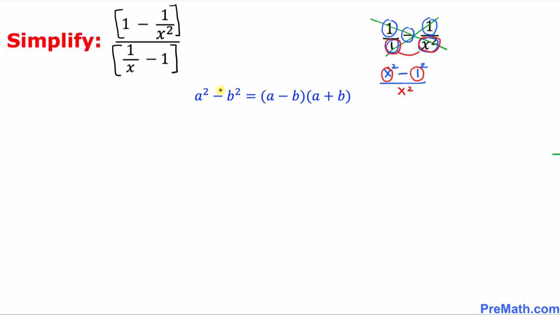So therefore, we are going to use this formula, this fact: a squared minus b squared equals a minus b times a plus b. Let's go ahead and write this top part as x minus 1 times x plus 1, using this fact, divided by x squared, we still have x squared, just leave it there.